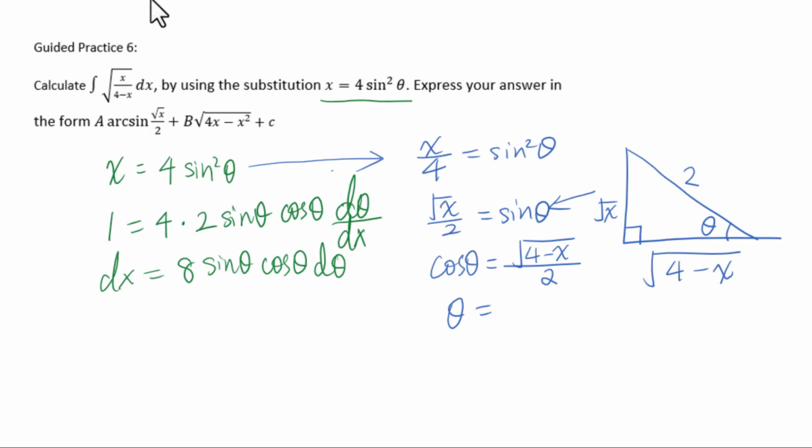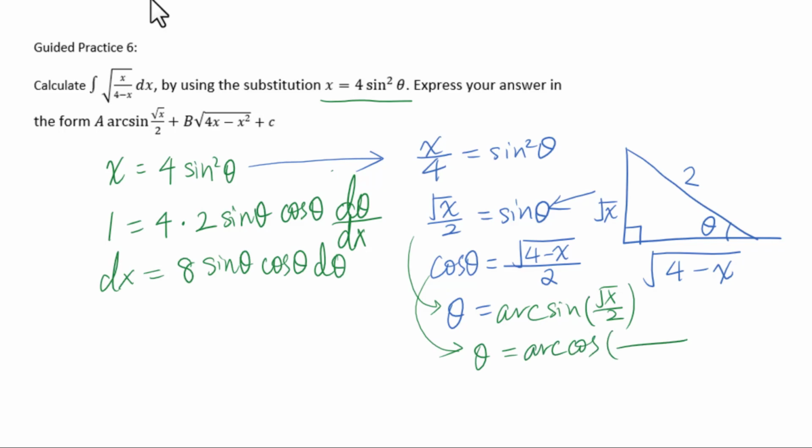From here, theta equals arc sine square root of x over 2. For this equation, we can get theta equals arc cosine square root of 4 minus x over 2.